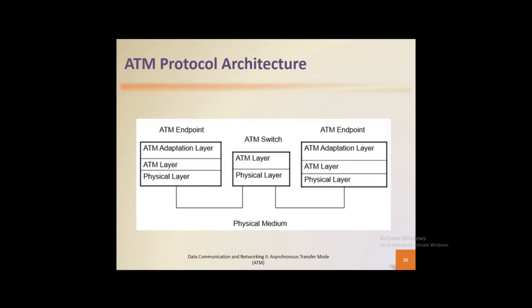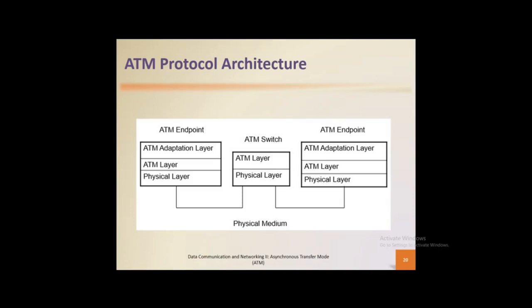The physical layer here relates to the physical medium, from fiber optics, or if it's a coaxial cable, or a twisted pair cable. But generally, the physical medium through which the end device or terminal connects into the ATM switch. And then within the ATM switch itself, we have 2 key layers. Okay, let me go back.